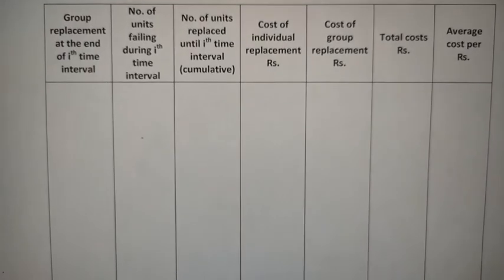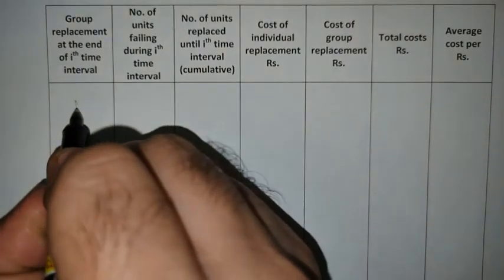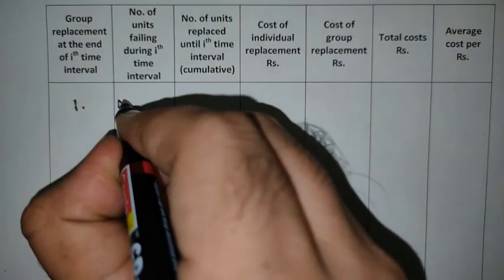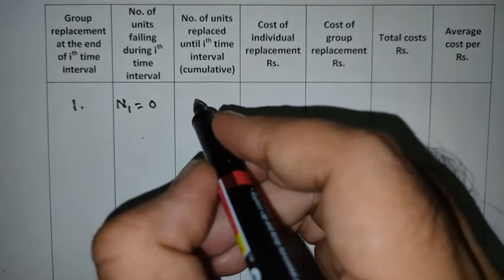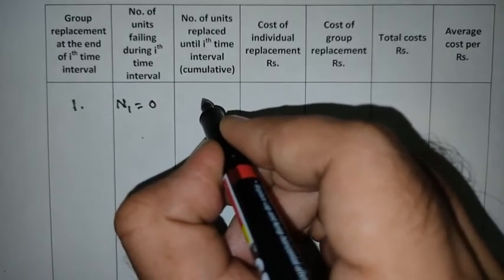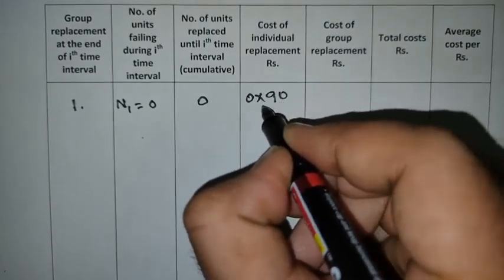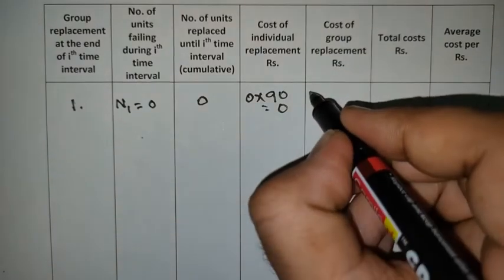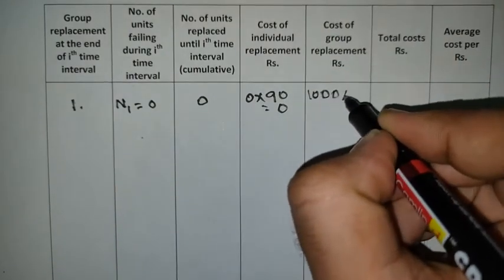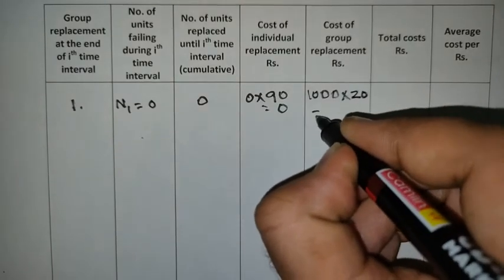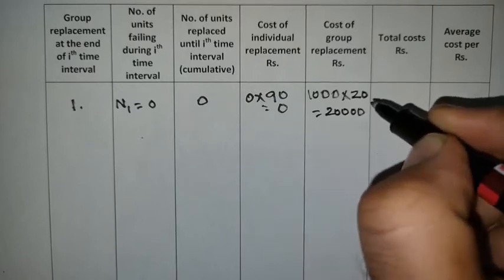Let us find the average cost of group replacement. The average cost of replacement in the first time interval, that is 0 to 200 hours: the number of units failing, n1, equals 0. So the cost of individual replacement is 0 into 90, which is 0. For group replacement, 1000 items are there, and the group replacement cost, already given, is 20 rupees each, so we get 20,000 rupees.